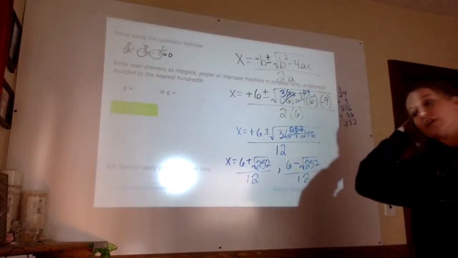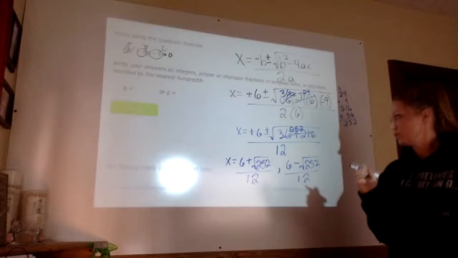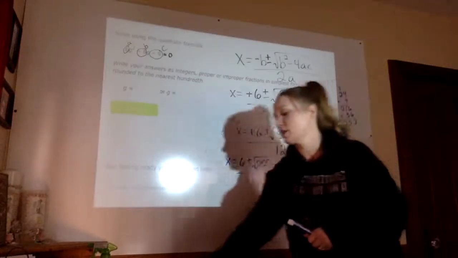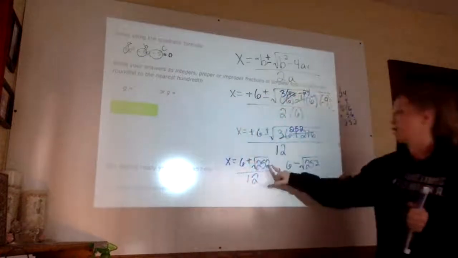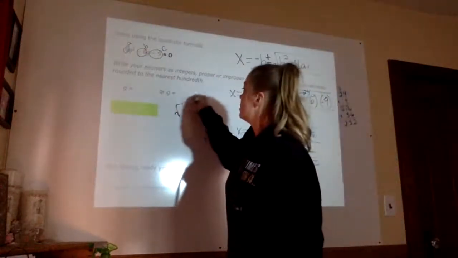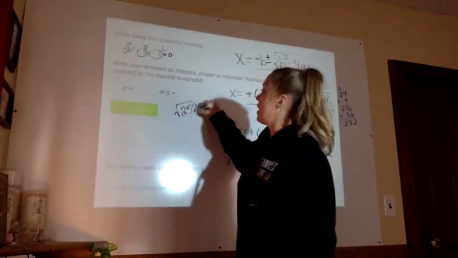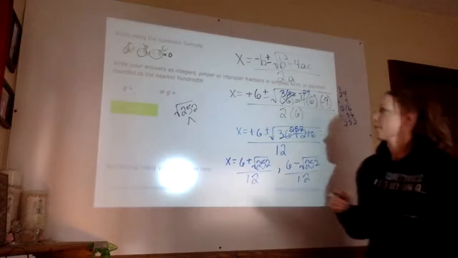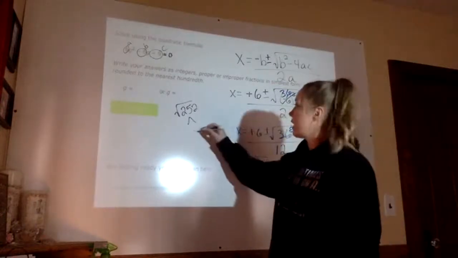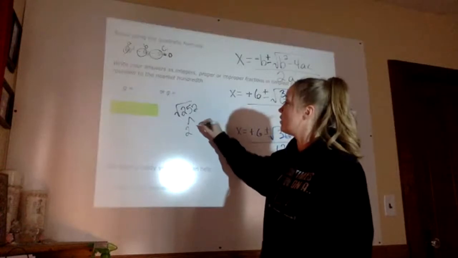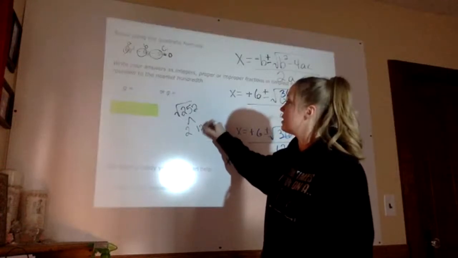Now, if we had to put this in exact form, the IXL is not asking for it, but if we had to put this in exact form, we would have to simplify down the square root of 252. Simplifying down is where we did that factor tree. And so that's where you would do, it's even, so it'd be 2 and then 126.